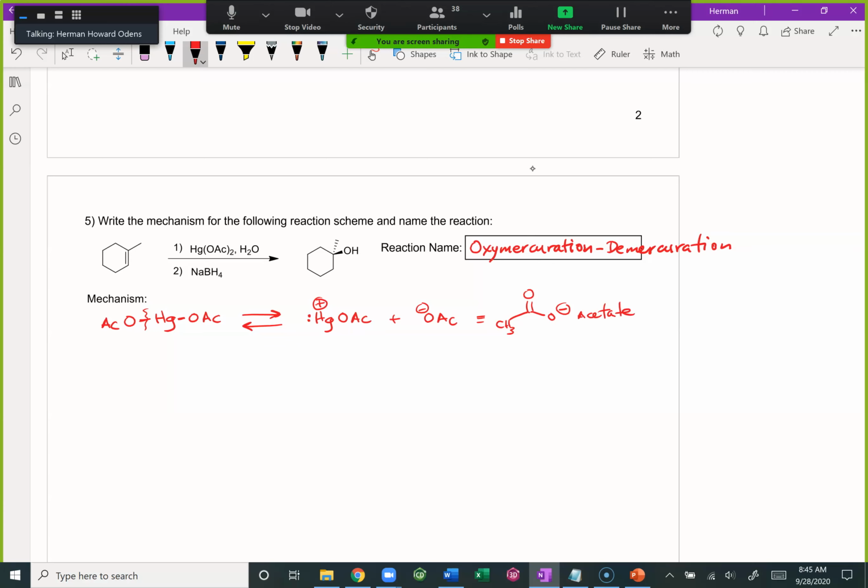All right. Let me put this in parentheses so it looks nice. The cool thing about this reaction is that it forms a three-member cyclic intermediate. Check this out. I call this reaction the double slap.